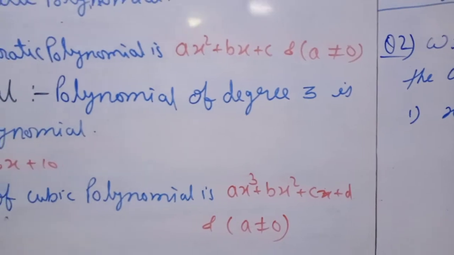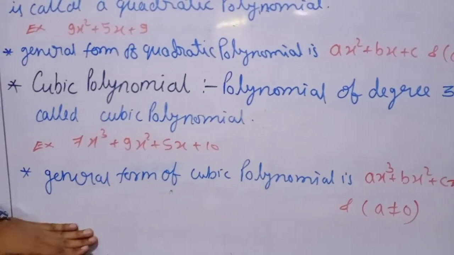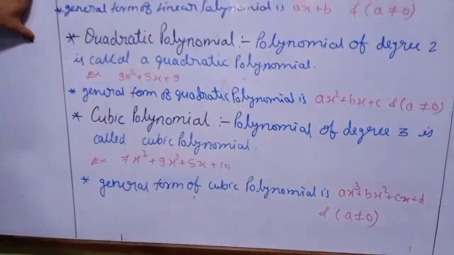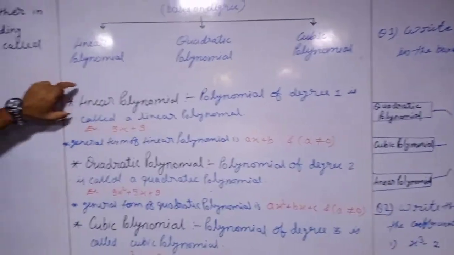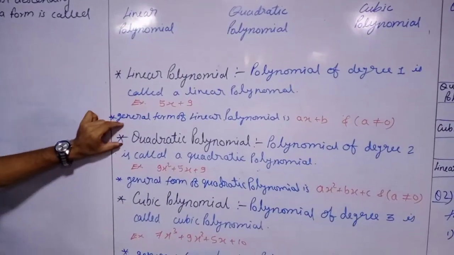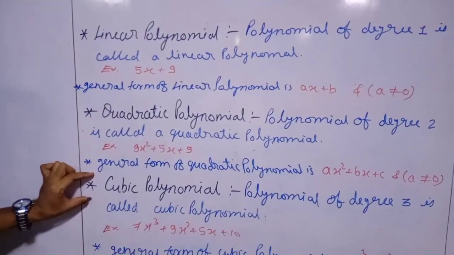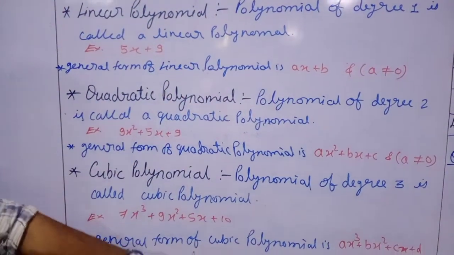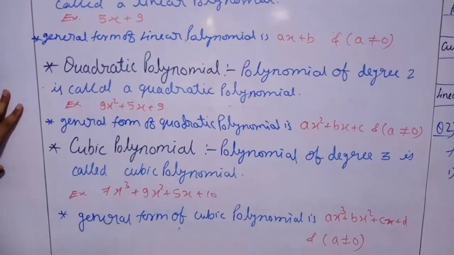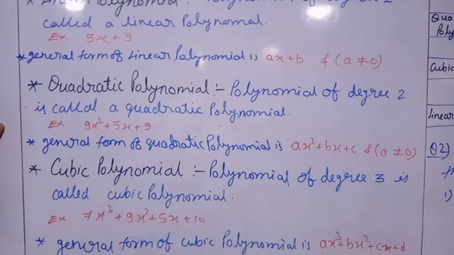So that is the general form of the cubic polynomial. So this way we come to know what is a linear polynomial, what is a quadratic polynomial, and what is a cubic polynomial, and what are the general forms of these three types of polynomial based on the degree.